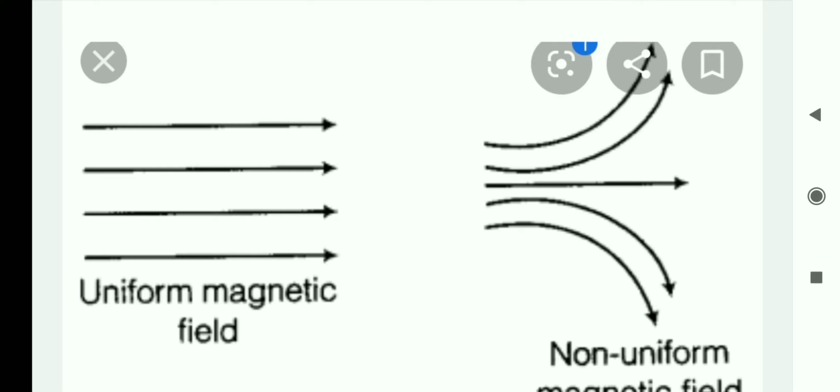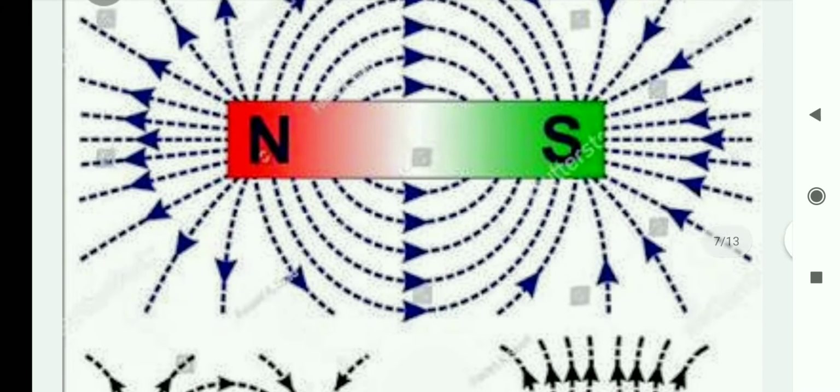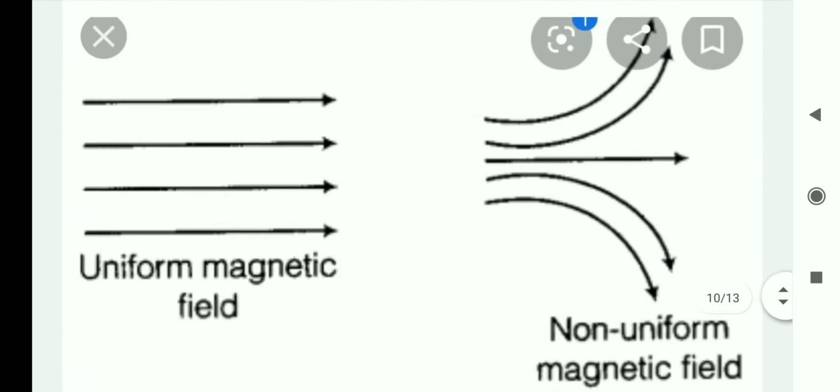That is a non-uniform field. All the cases we observed here, due to a bar magnet and due to two like poles, are also non-uniform fields.